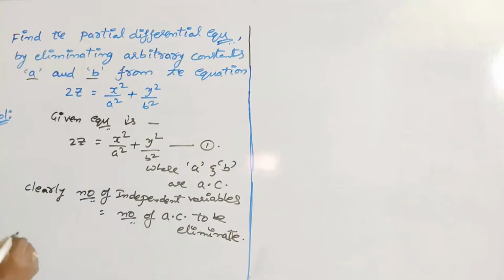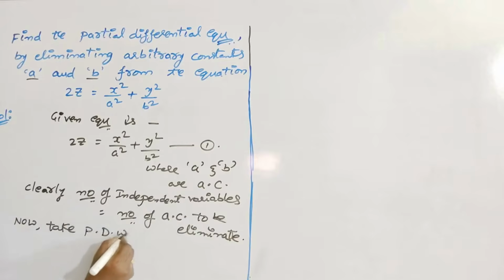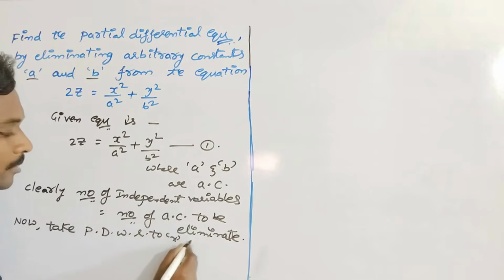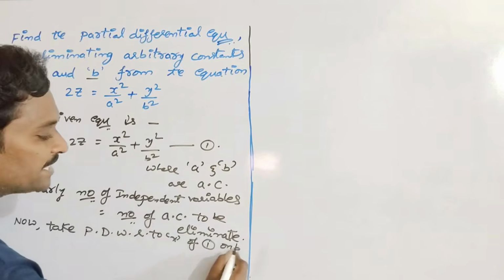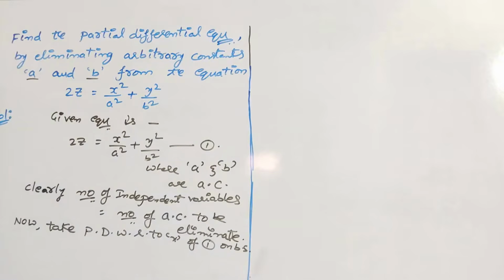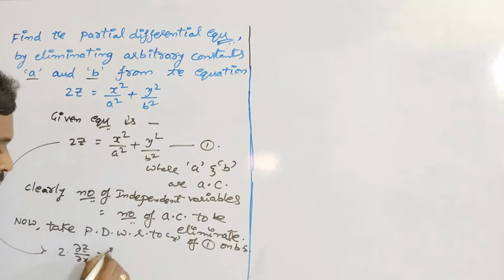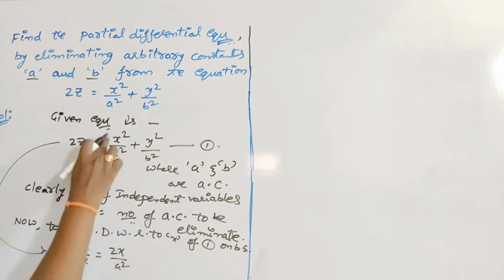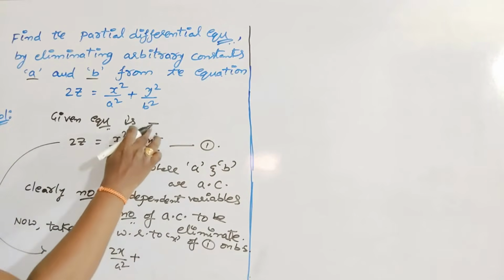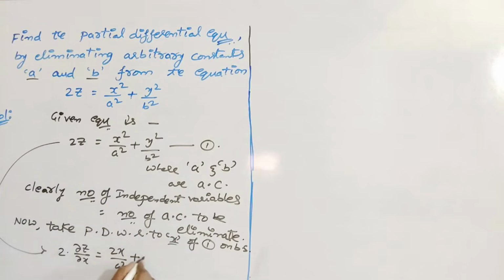Now take the partial derivative with respect to x of equation 1 on both sides. So you will get 2 ∂z/∂x is equal to the derivative of x² which is 2x/a², where 1/a² is the constant, plus the partial derivative of y² with respect to x which is 0.